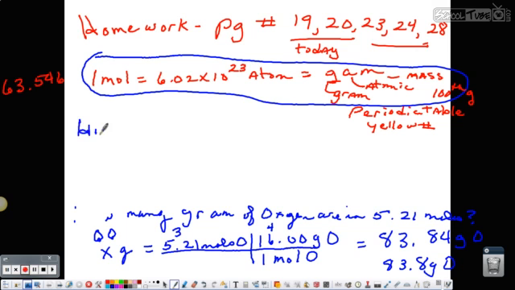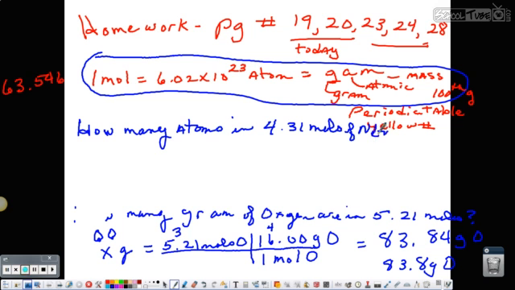How many atoms in 4.31 moles of, let's say nitrogen? Nitrogen.